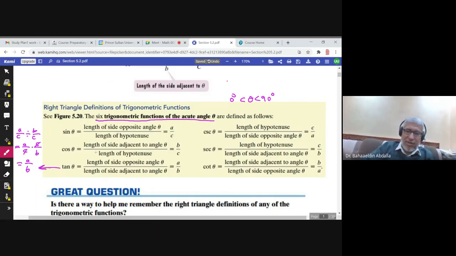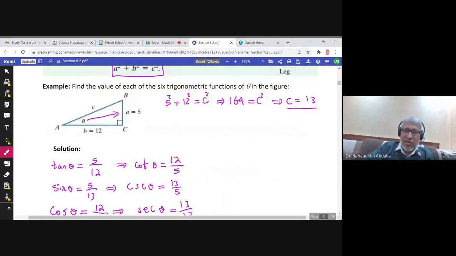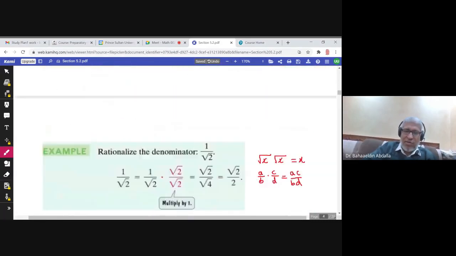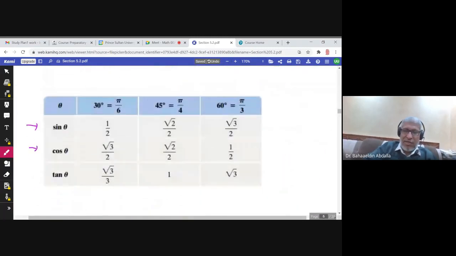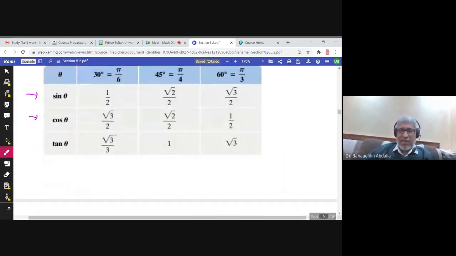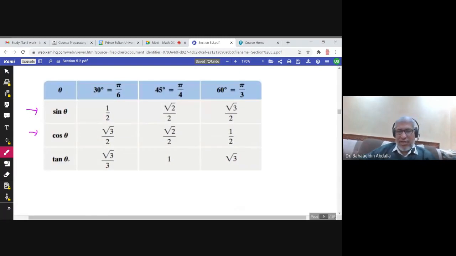Remember when we studied last time how to find sine, cosine, and tan of 30, 45, and 60? I told you tan is easy, because it is sine over cosine. If you divide half by square root of 3 over 2, it is half times 2 over square root of 3. 2 cancels with 2, and you get 1 over square root of 3.